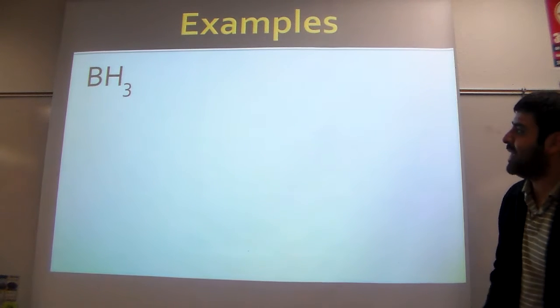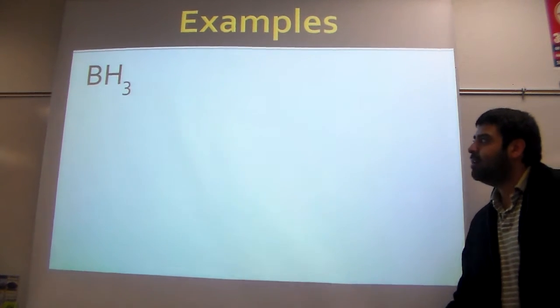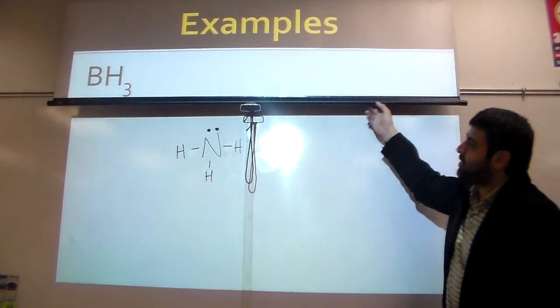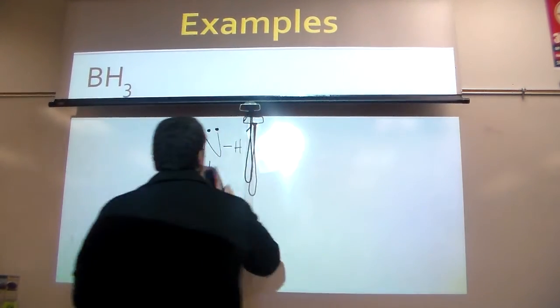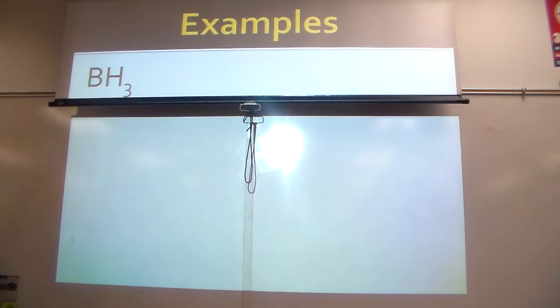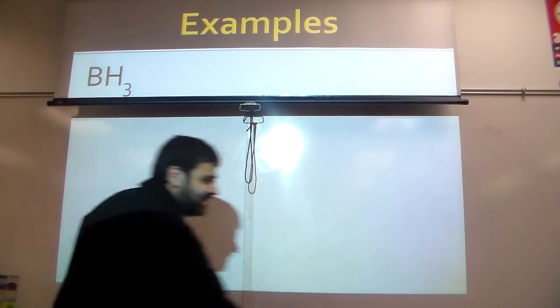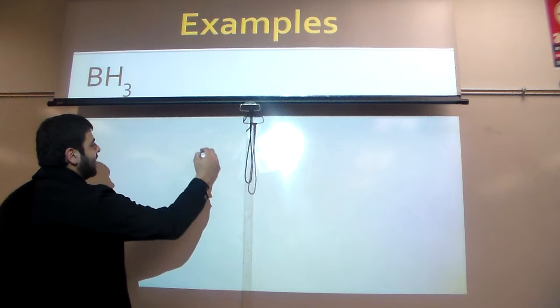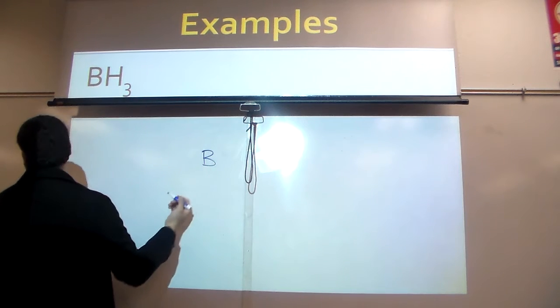So let's do a couple quick examples. We have BH3. We want to draw the Lewis structure and determine what shape this will take. So if we look at BH3, we know B is going to be your central atom, surrounded by 3 H's.